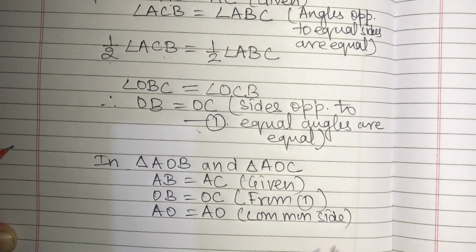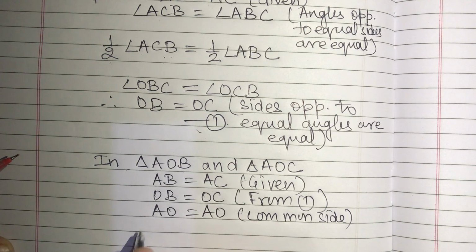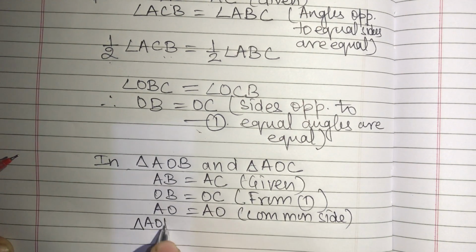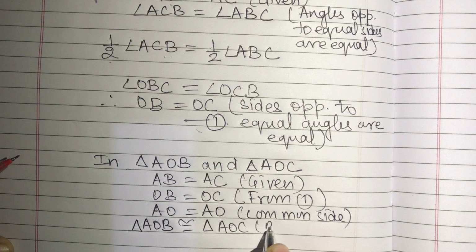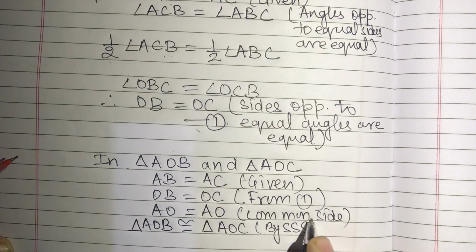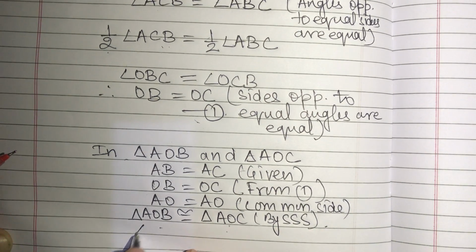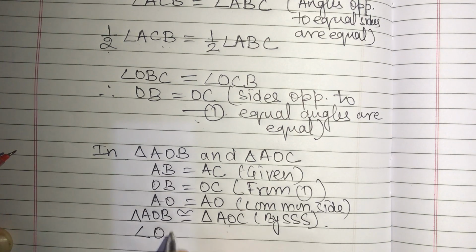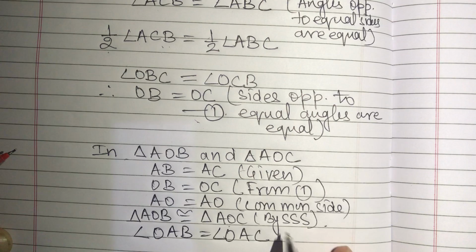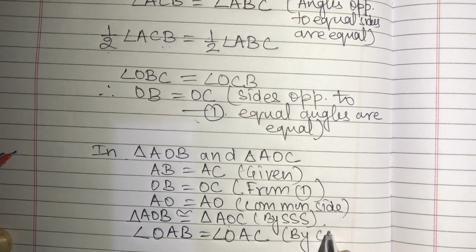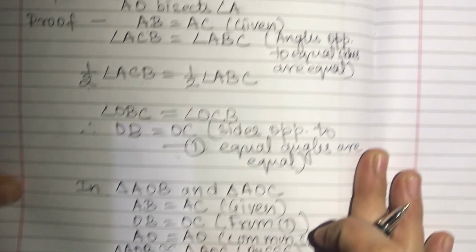So we have proved that in these two triangles all the sides are equal. Therefore these two triangles are congruent by SSS criteria, which means angle OAB equals angle OAC by CPCT, corresponding parts of congruent triangles.